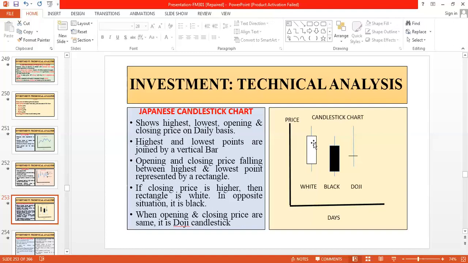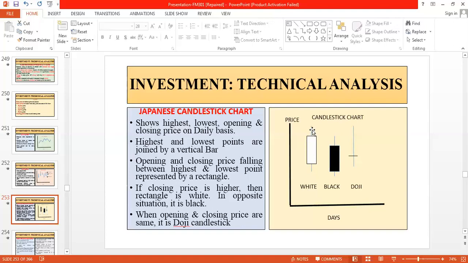So this indicates the closing price is higher than the opening price. So this will be the closing price and this will be the opening price. But if the closing price is lower than the opening price, then this candlestick will be black. So here the lower price is the closing price and the upper price is the opening price.